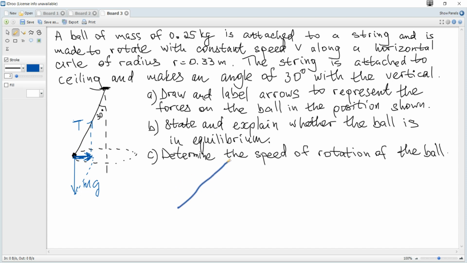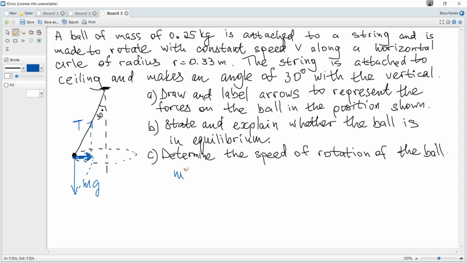If you draw like this, and draw a parallelogram, you can see that the resultant force is not horizontal, it's not correct. So you should draw such length so that the resultant force is to the center, horizontal.